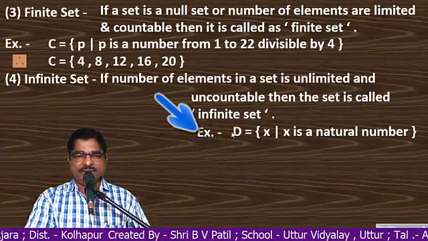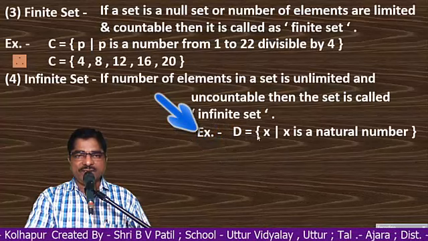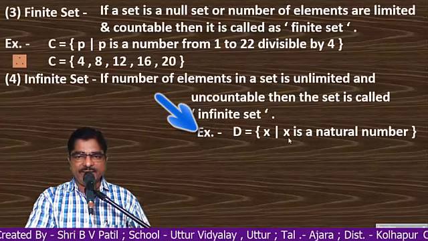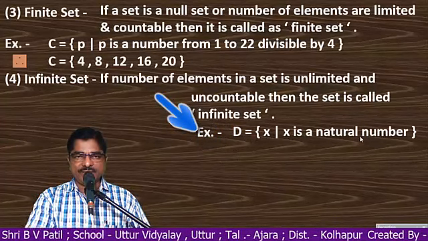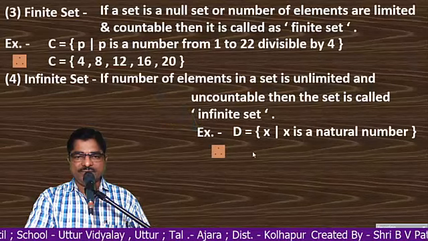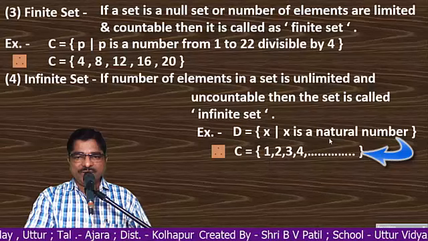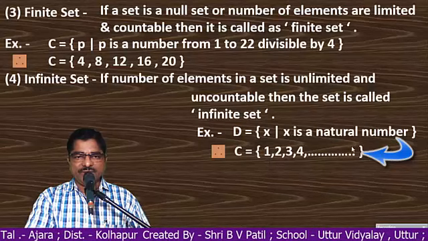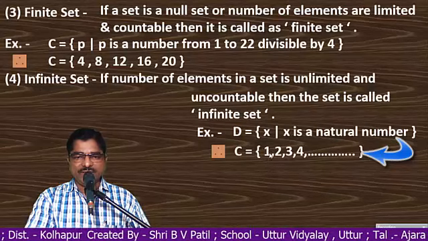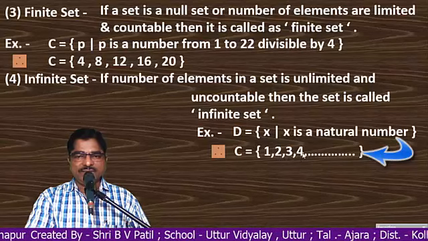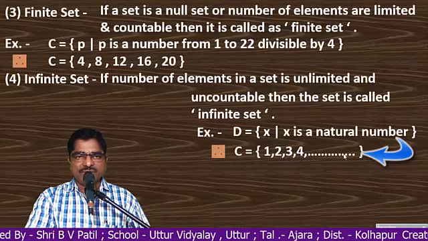For example, D is equal to, in curly bracket, x such that x is a natural number. Therefore, D is equal to natural numbers we want here, that is 1, 2, 3, 4 and so on.